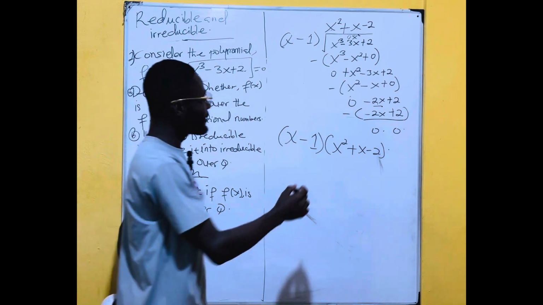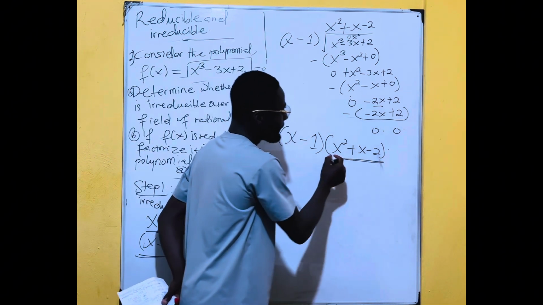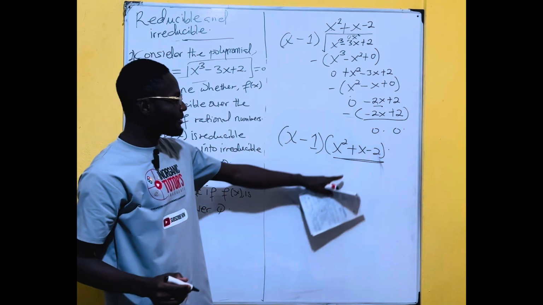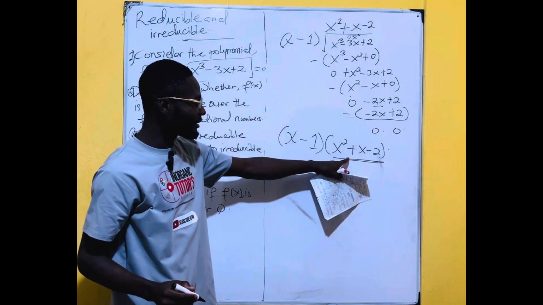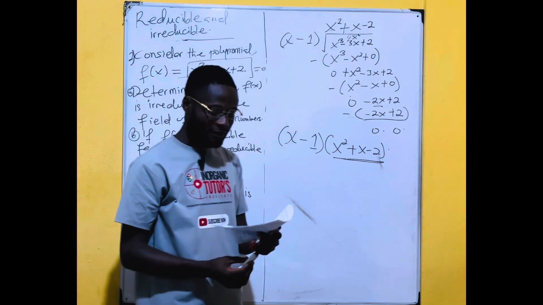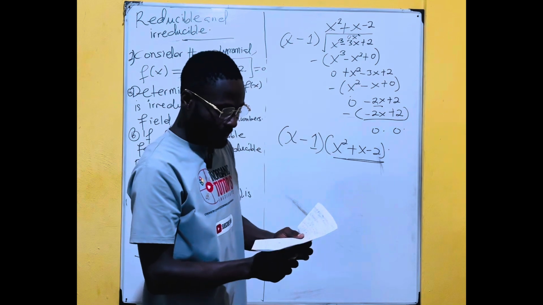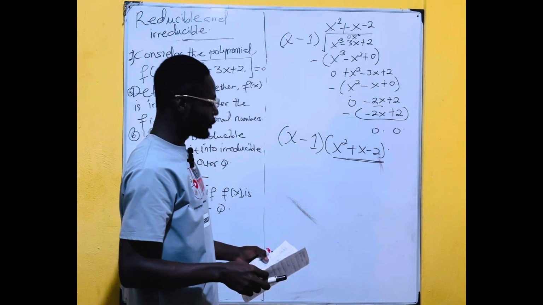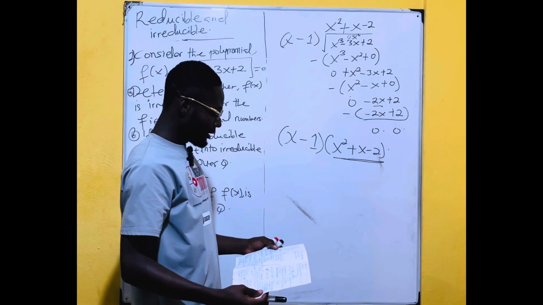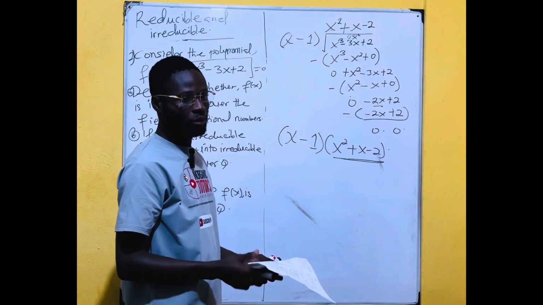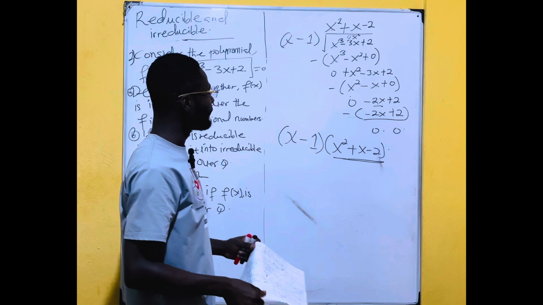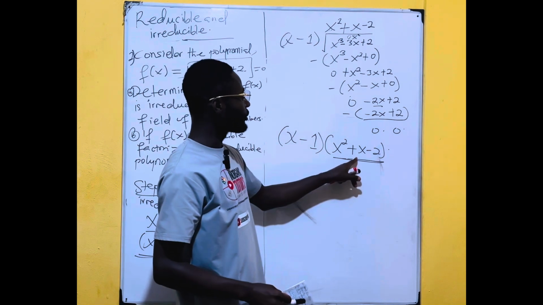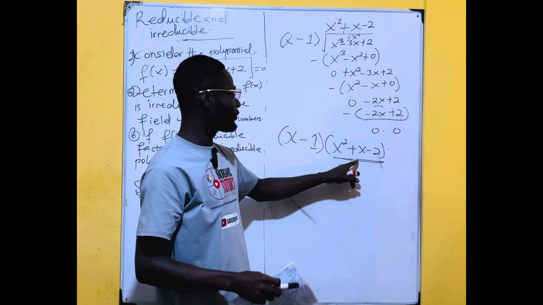And this right here, if you factorize this, you're going to have x plus 1 and x plus 2.